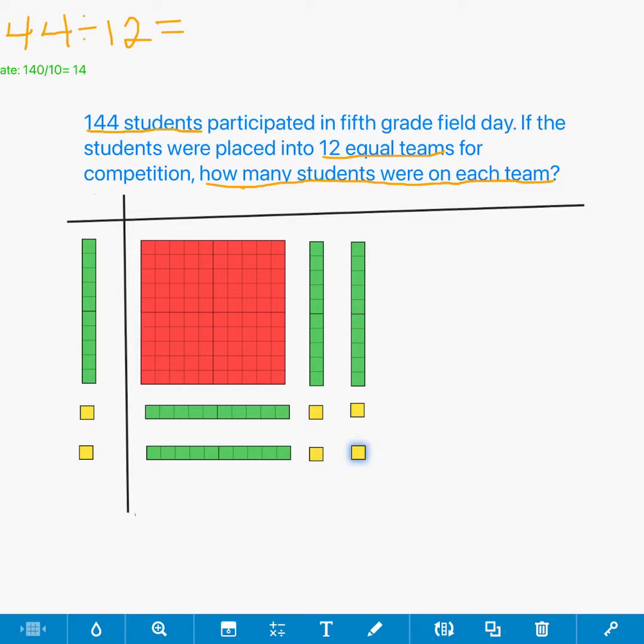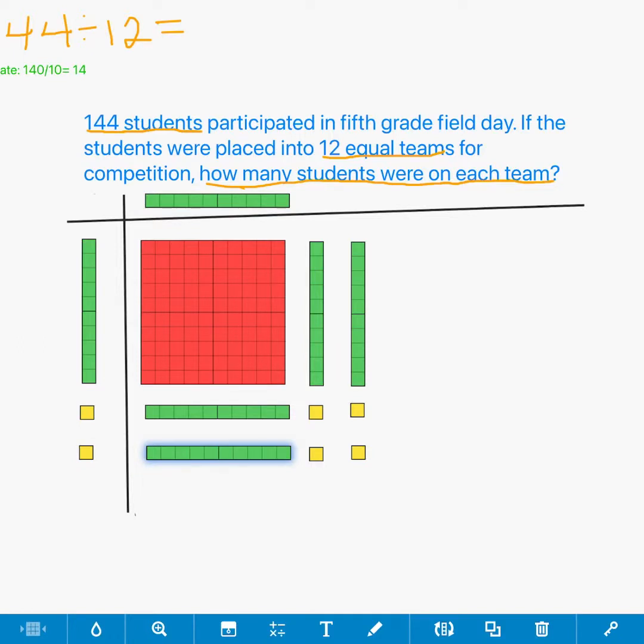Now I need to know how many groups of 10 are there in 100. So I'm going to say 10. 10 times 10 is 100. So I know that 10 goes on the top. And then I do see that 10 times 1 is 10. 10 times 1 more is also 10.